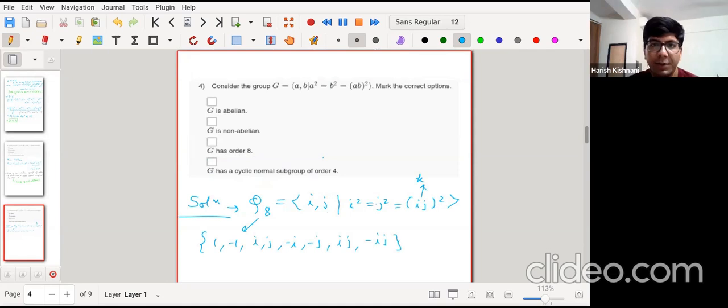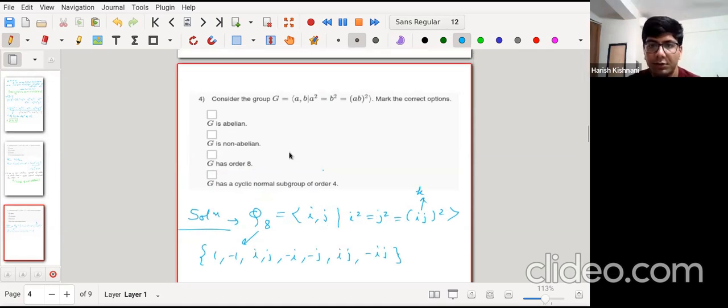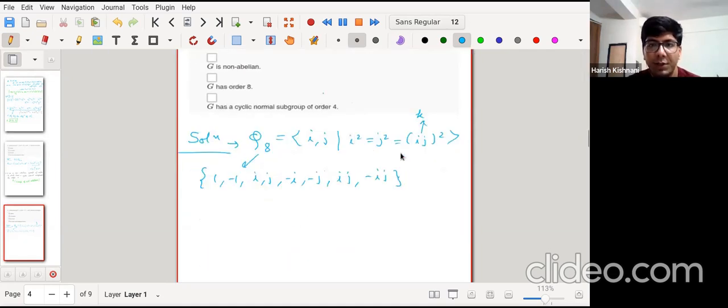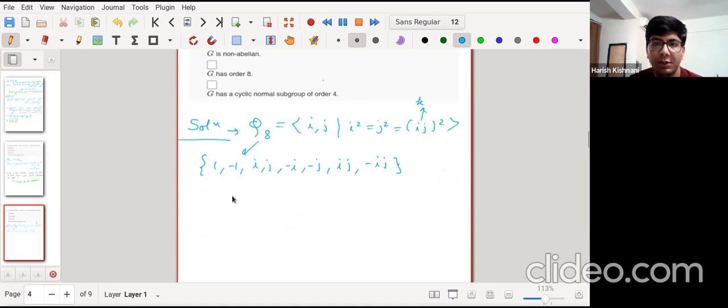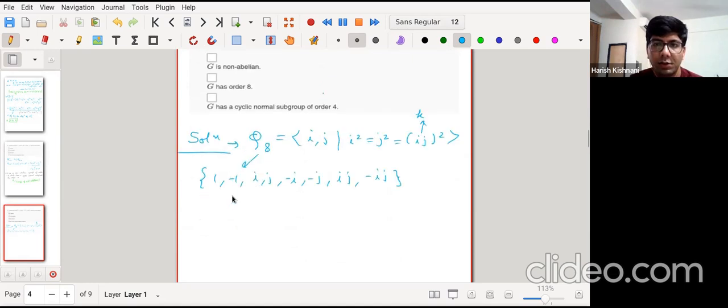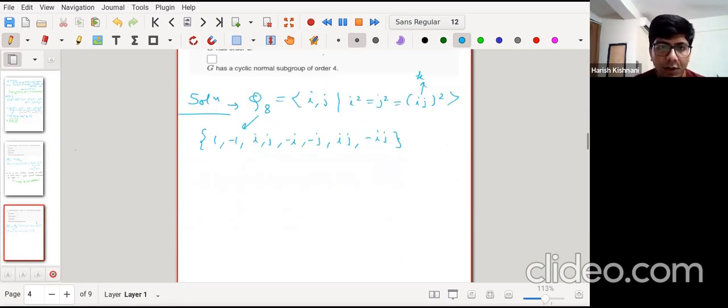So it has the same property as your G. It satisfies i squared, j squared equal to (ij) squared, and no other property is required to define Q8. All other properties will be taken care of once you have these properties. From this we came to know that G is isomorphic to your Q8.